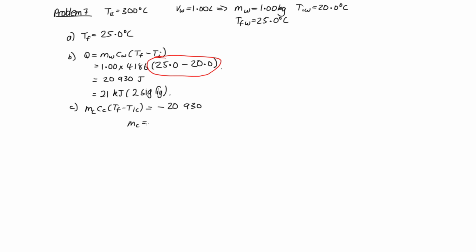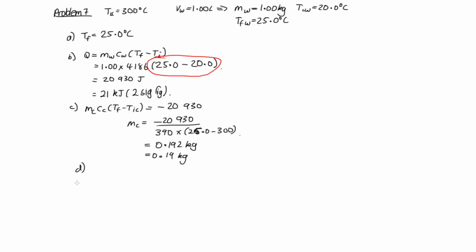Rearranging this, the mass of the copper is equal to minus 20,930 over the heat capacity of copper, which we can look up, and it's 390, times the final temperature minus the initial, 25.0 minus 300. Solving this, we end up with 0.192 kilograms. Let's give that to 2 significant figures, 0.19 kilograms.